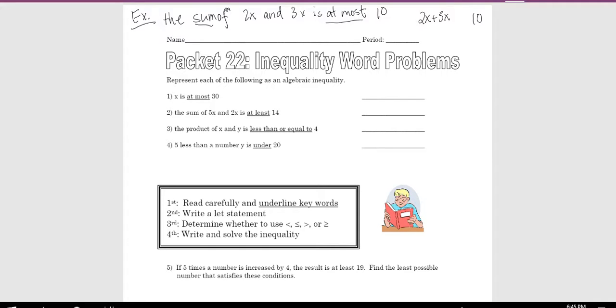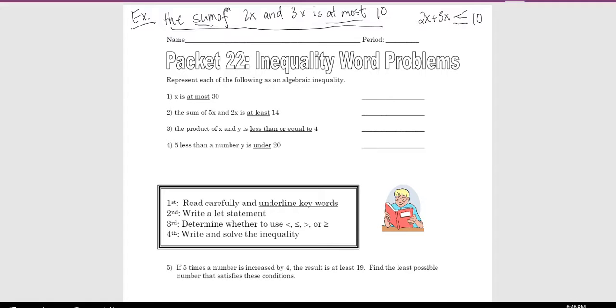So 2x plus 3x is always less than or equal to 10. To write this phrase as an algebraic inequality, we can write 2x plus 3x is less than or equal to 10. So that's what you're going to be doing for the first 4.